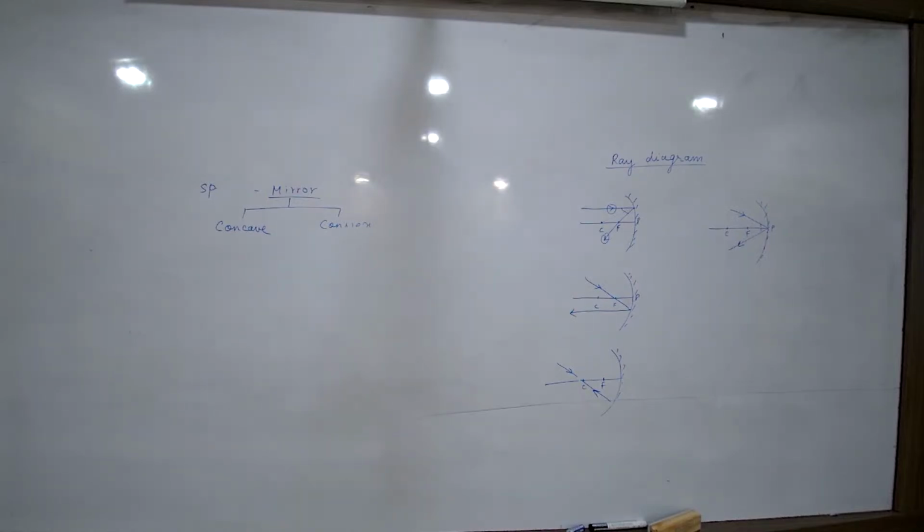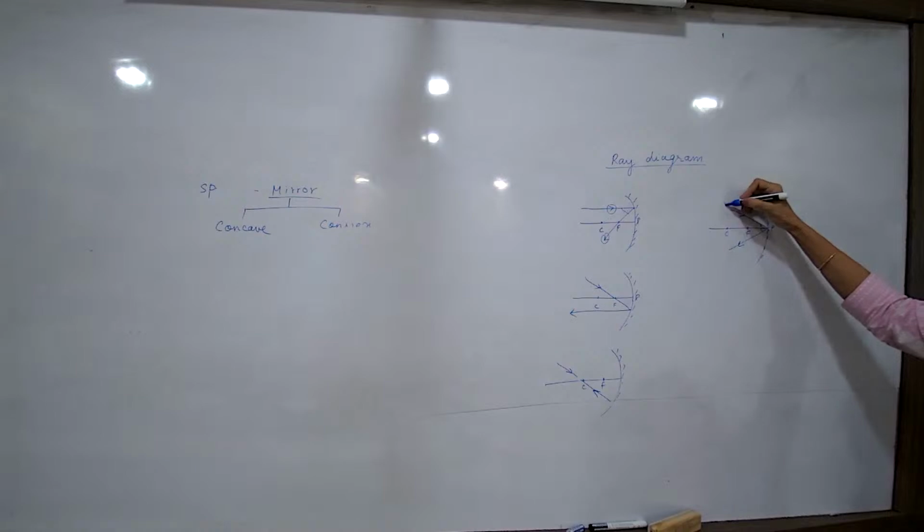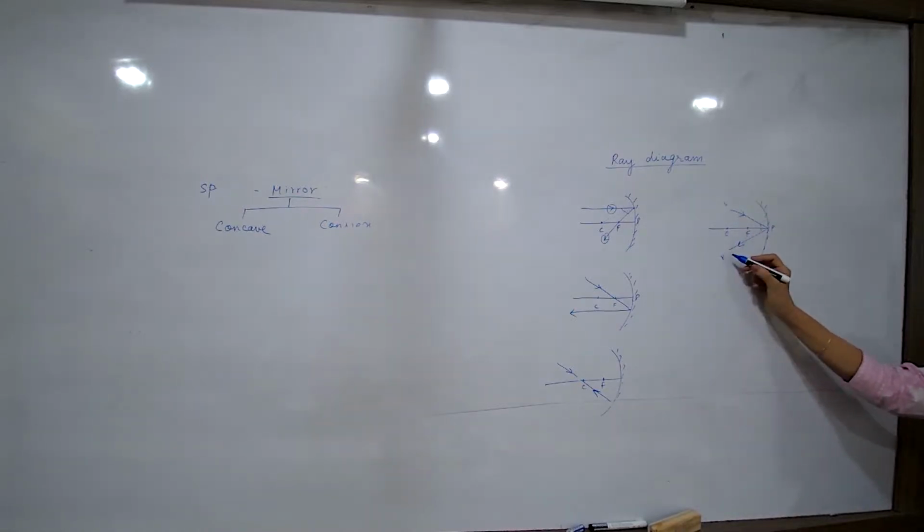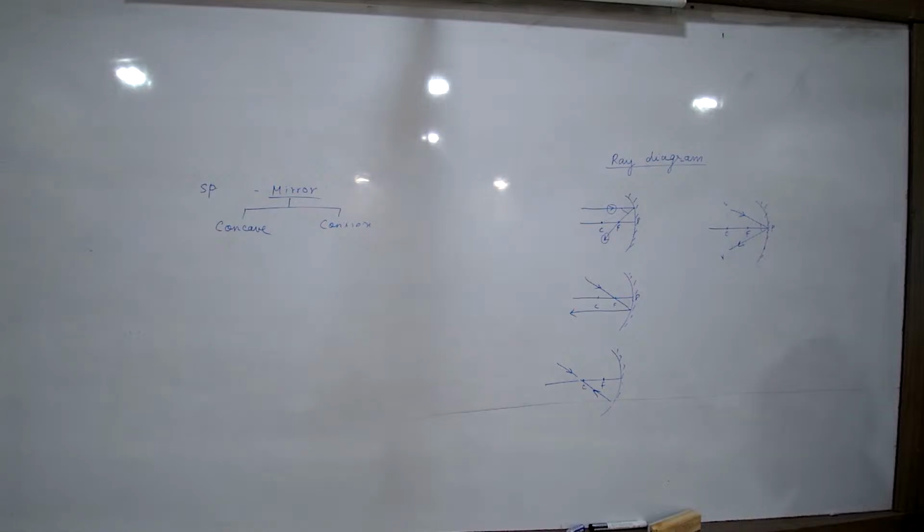Okay. Is reflected obliquely. See, this is your incident ray and this is your reflected ray. So the reflected ray is also oblique. And what else will you write?